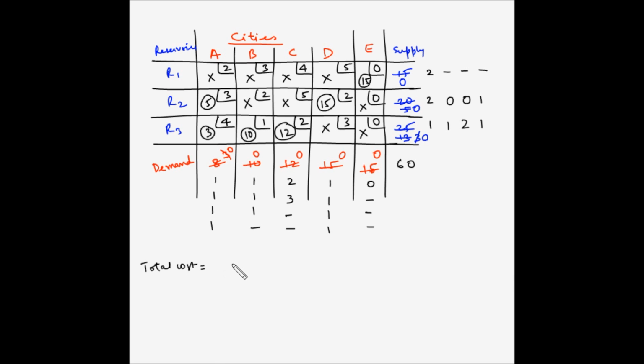So the total cost will be the multiplication of the unit cost and the number of units shipped. So 15 multiplied by 0 plus 5 multiplied by 3 plus 15 multiplied by 2 plus 3 multiplied by 4 plus 10 multiplied by 1 plus 12 multiplied by 2.